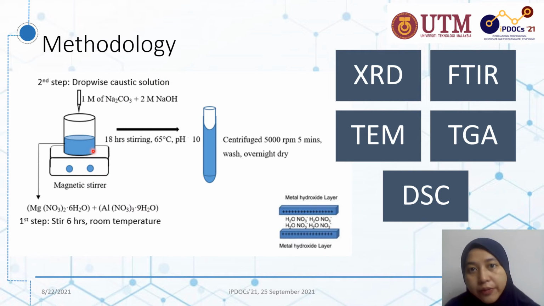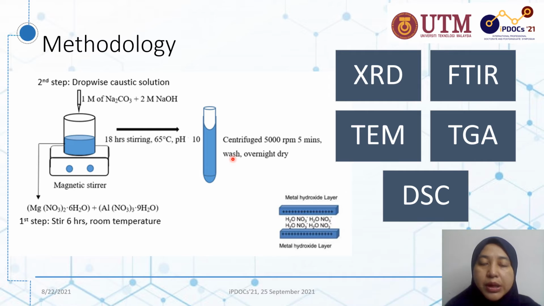Then we stir for 18 hours at 65 degrees C, and we maintain pH 10, because the pH will affect the size and shape.